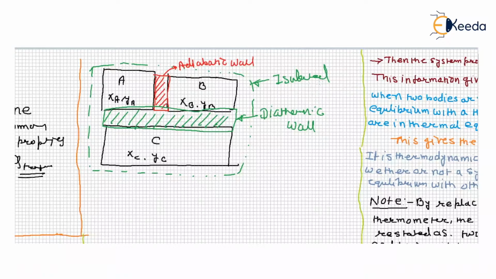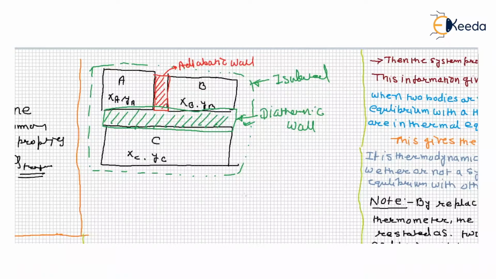See, what your conclusion here is that system A is in thermal equilibrium with system C, and system B is in thermal equilibrium with system C. Why? Because we placed a diathermic wall, right?